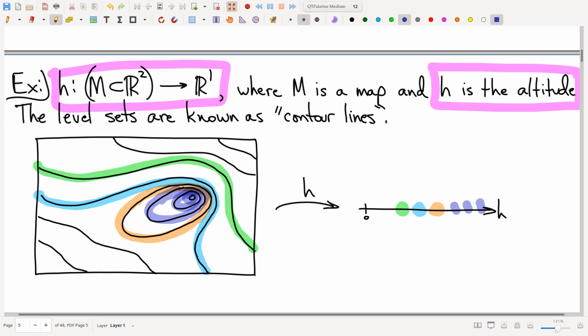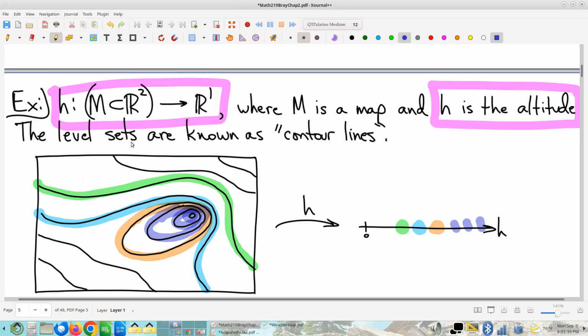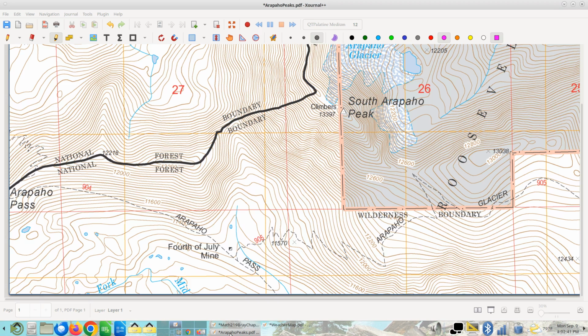So here, by the way, is a real contour map. Let me switch to here. Here we go. This is an actual one. I think this is from the USGS. So the government puts out maps of mountainous areas.